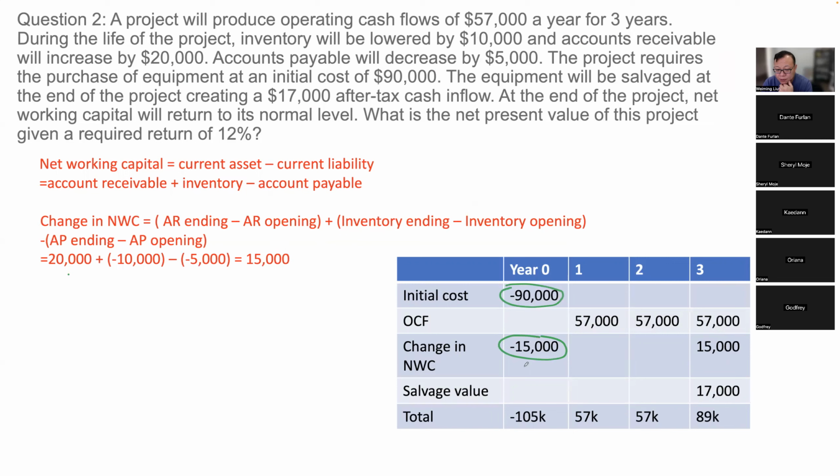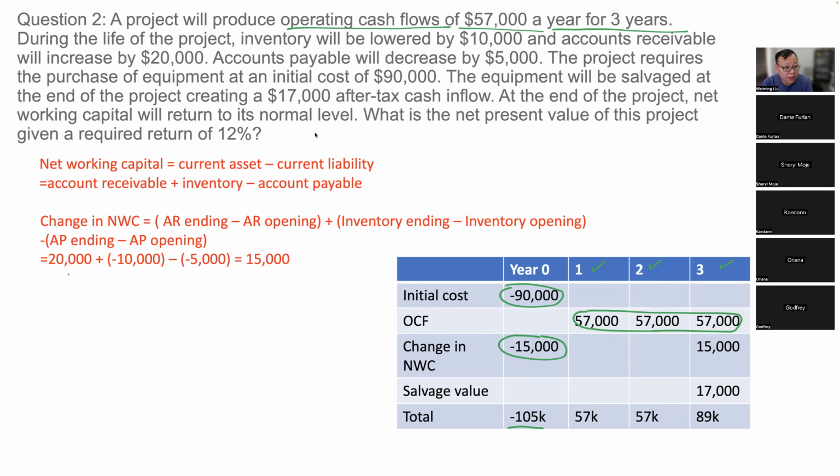Okay, so in total, your year 0 expenditure is negative $105,000. In year 1, year 2 and year 3, you have an operating cash flow. That's all the same, $57,000. Okay, they told us the project will produce operating cash flows each year for 3 years, right?